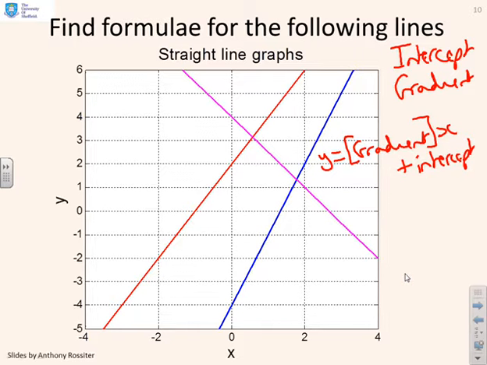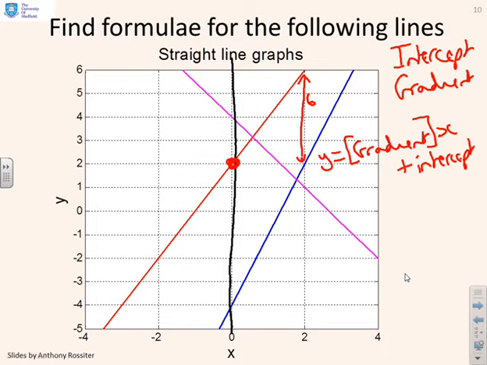If I want to get the formula for the following lines, I just need the gradient and the intercept. So again, I'm going to mark the vertical axis, that's the one which goes to x equals 0 here, with a big black line, so we don't get confused as to which line we're working with. And so with the red one, you see the intercept is here, it's at 2. Okay, if I try to work out the gradient, you'll see it's gone up by 6.